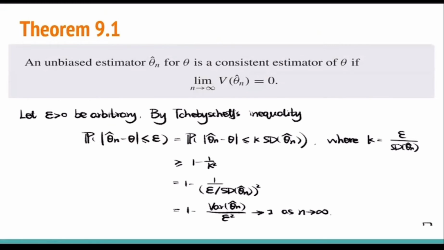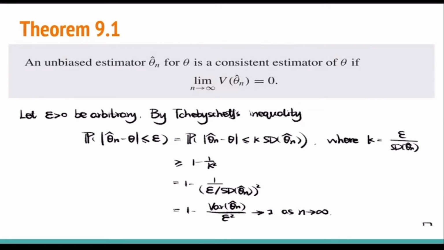An unbiased estimator is said to be a consistent estimator of the population parameter theta if, when we take a sufficiently large sample, the variance of that estimator goes to 0.